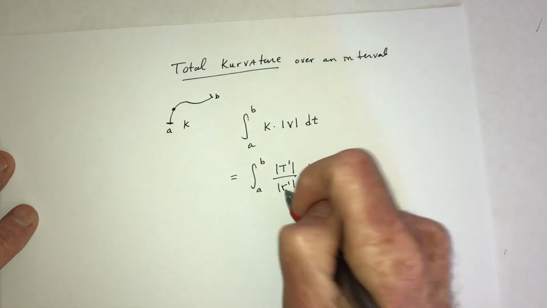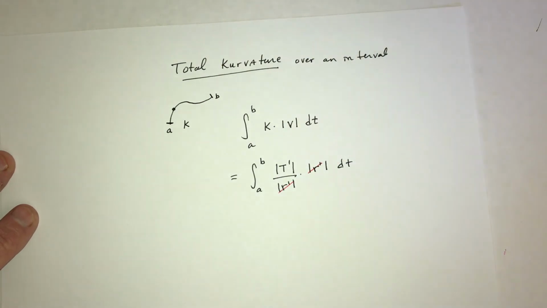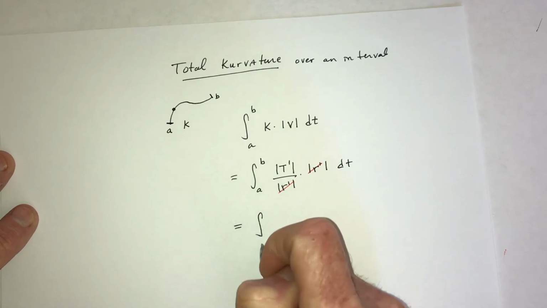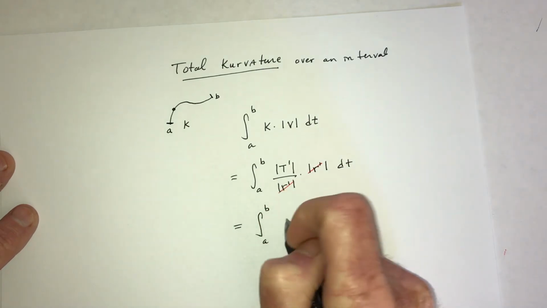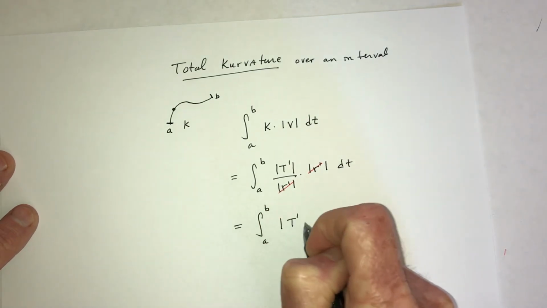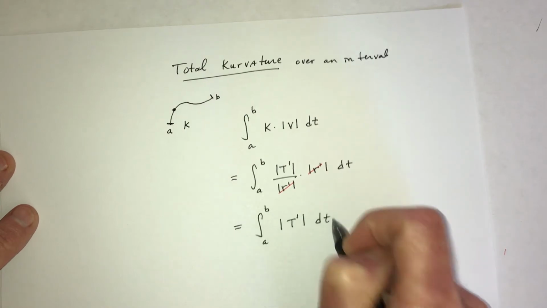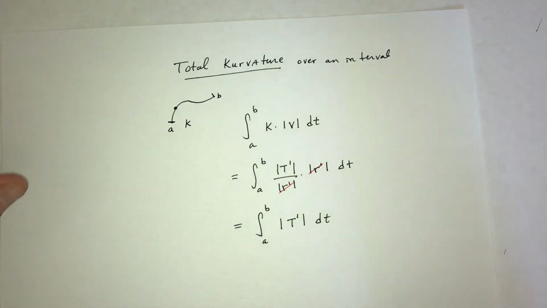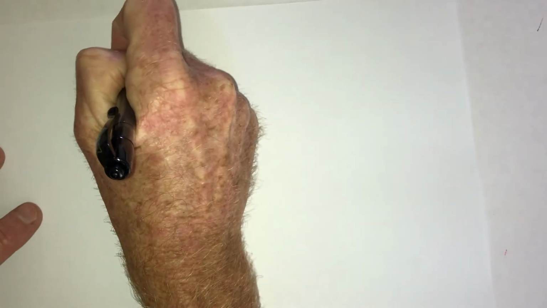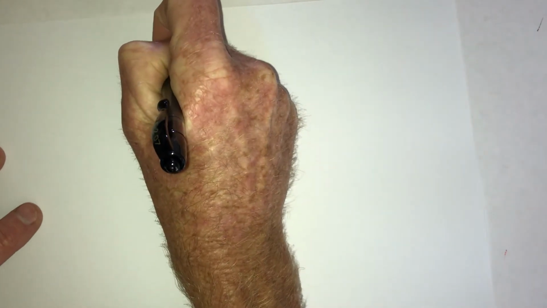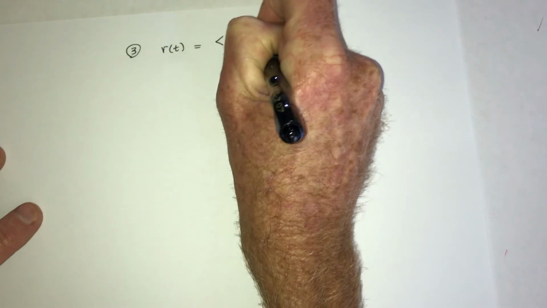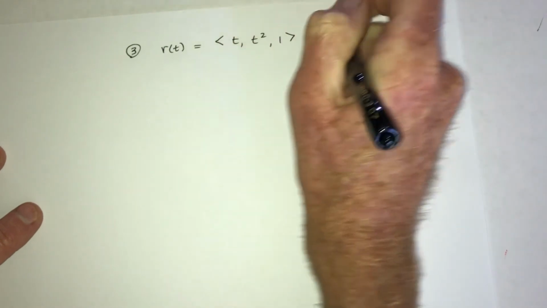Then it's a good time for the red pen to say those two cancel each other out. So it turns out that for total curvature, you integrate the length of the t prime from A to B. All right, and then for example number 3, how about if we've got t, t squared, and 1.